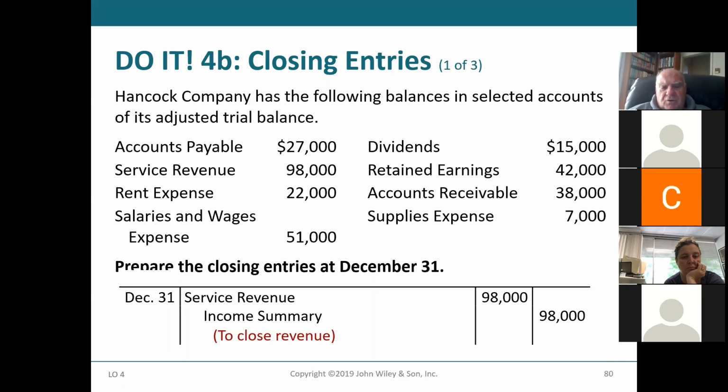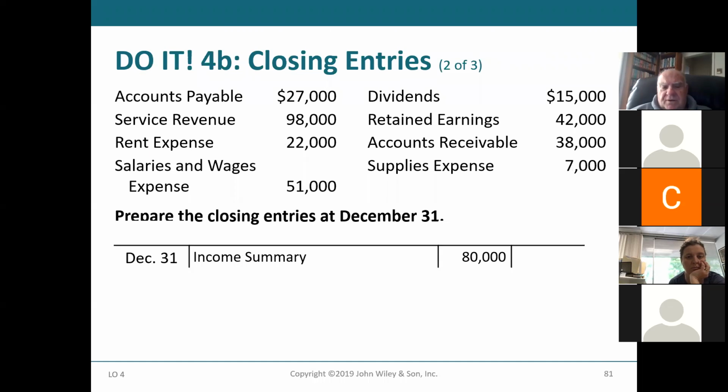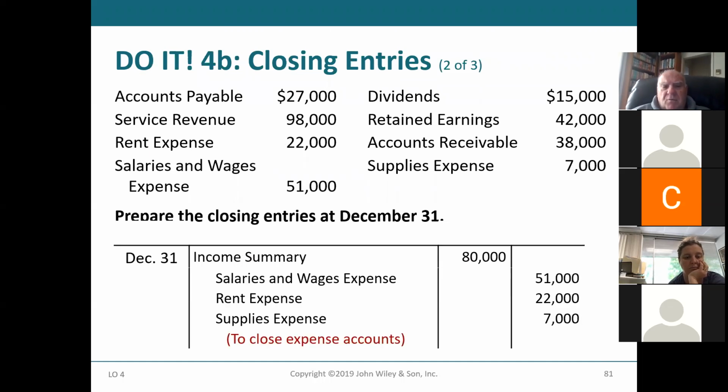So let's see what we have here. We debited service revenue to get rid of it. We now have to do the expense side. We're going to debit income summary, and we're going to credit salaries and wages, credit rent, and credit supplies.